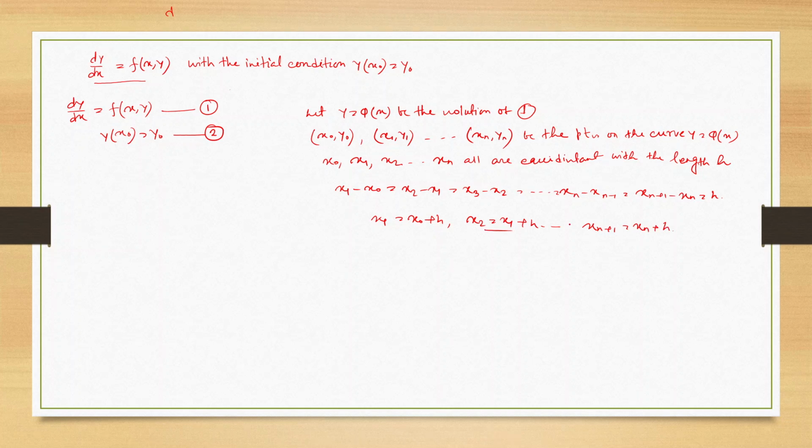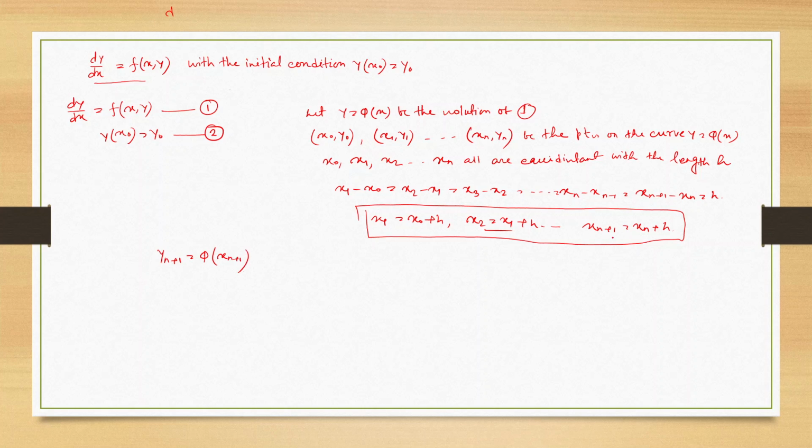We have to keep this in mind while we solve the differential equation by using Euler's method. Now we can say that yn+1 = phi(xn+1), and from here this is phi(xn + h). Now if we use the expansion, we can write phi(xn + h) = phi(xn) + h phi'(xn) + h²/2! phi''(xn) + and so on.